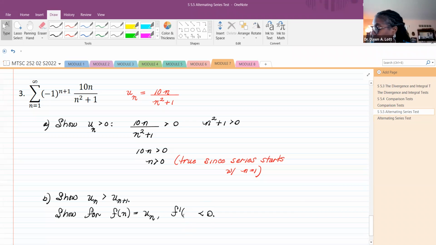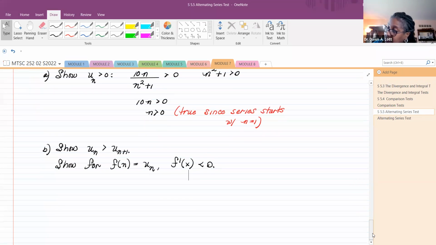Actually, I'm going to make this an x. I'm going to put the function as if it were a function of x. So I get f of x is equal to 10x divided by x squared plus 1.